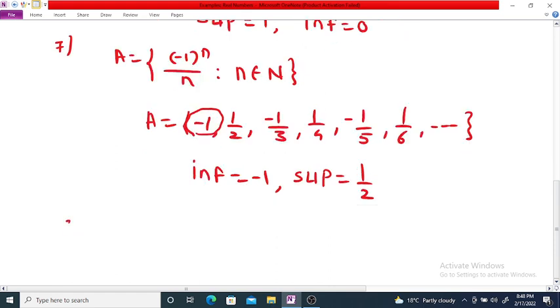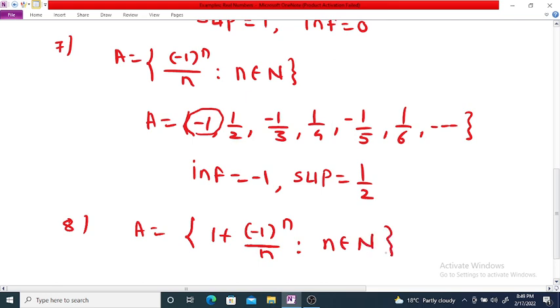Example number 8. A is equal to 1 plus (-1)^n divided by n, where n belongs to N, a natural number.